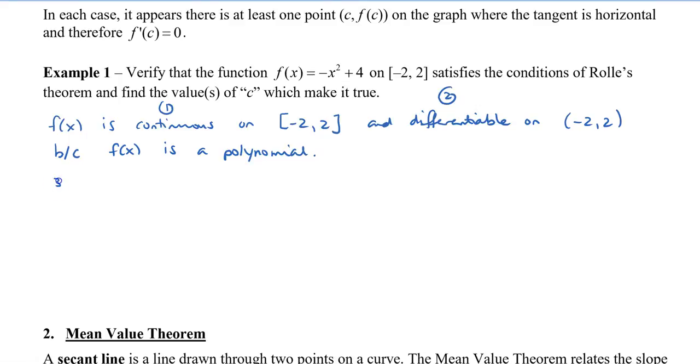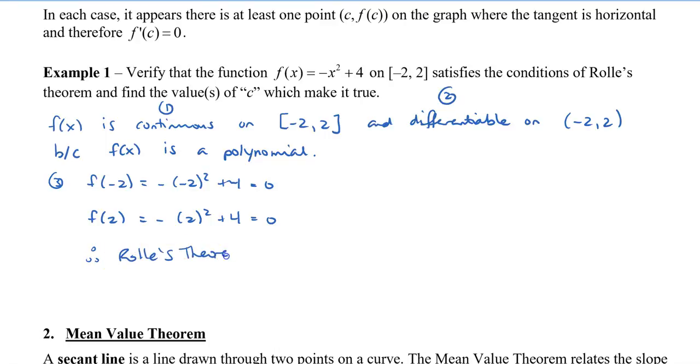Now for the third condition, we need to check the value of f(-2) and f(2). When we plug in negative 2, we get negative 2 squared plus 4, which gives us 0. Plug in 2, and we also get 0. So therefore, Rolle's theorem applies. Now we're going to find the c value. The first derivative is equal to negative 2x.